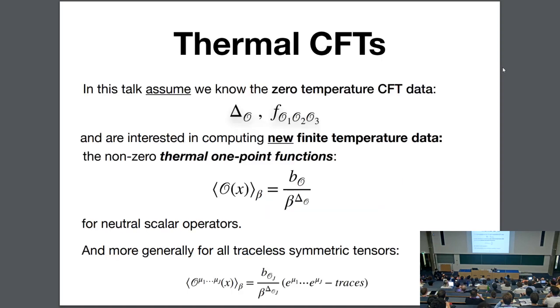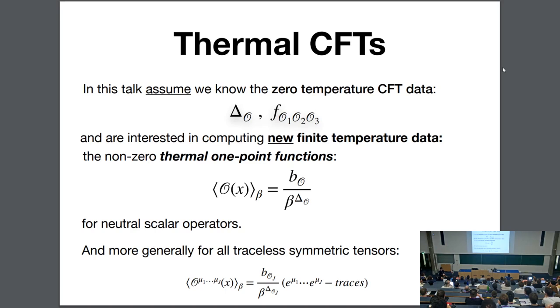Now we want to do more. We want to use what we have learned from the bootstrap. So in this talk, I am going to assume that our bootstrap friends did their work, and they have given us the CFT data. They have given us a set of conformal dimensions and 3-point functions.